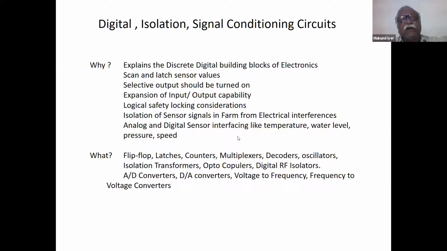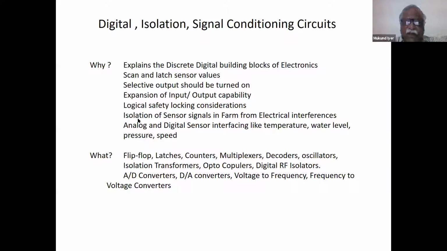So, in order to have a better understanding of automation and other things, we should know digital electronics as they are the building blocks. Now, in digital electronics, what are the different things we should know about so that we get a better understanding?